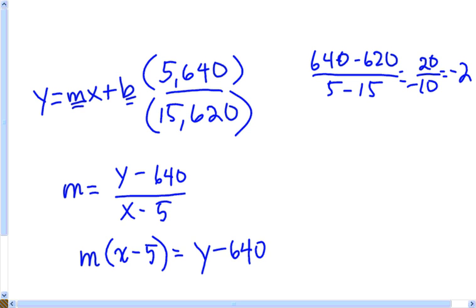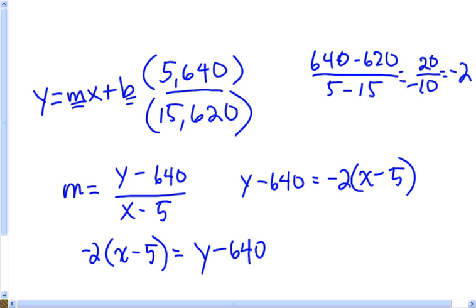And if I rearrange that, I can substitute my slope value for this problem. We just computed that that's negative 2. Then if I just swap the expressions around the equal sign, I get this: y minus 640 is equal to negative 2 times the quantity x minus 5.